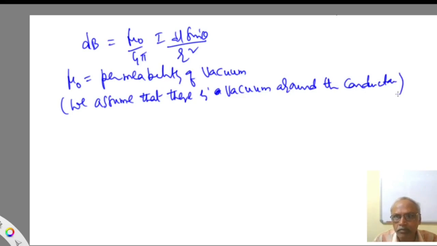If there is some other medium, you have to write the permeability of that medium. And the value of mu naught is 4 pi into 10 to the power of minus 7. Its unit is Tesla meter by ampere.